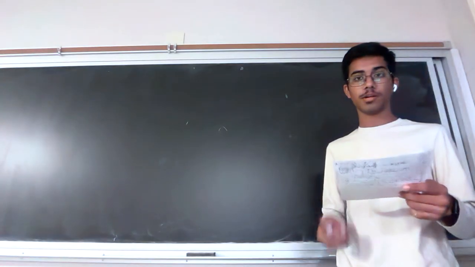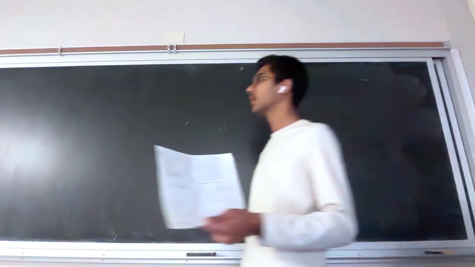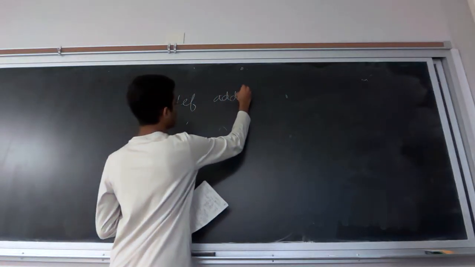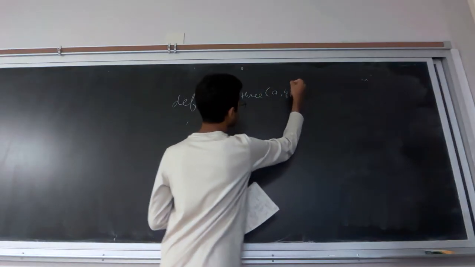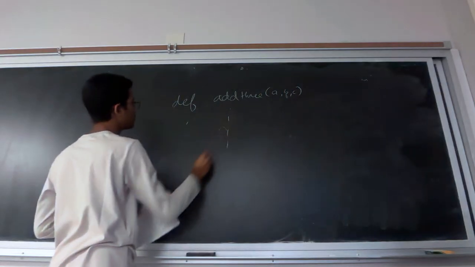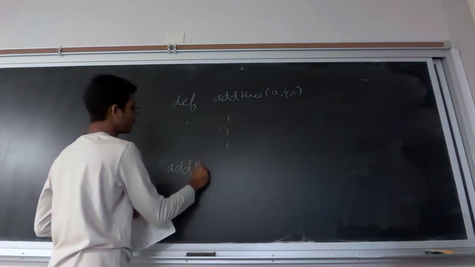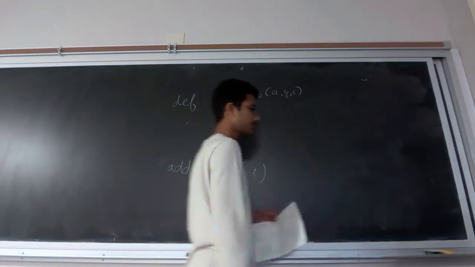Okay, let's talk about arguments and parameters. So what are arguments and what are parameters? Well, let's say I have a function definition def add3(a, b, c) and some code, and then I have my function call statement add3(1, 2, 3).